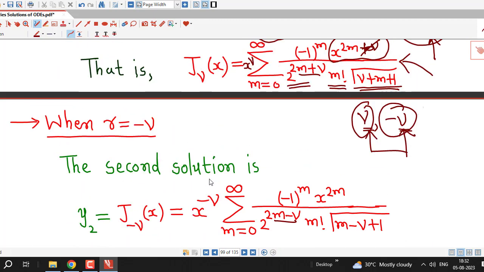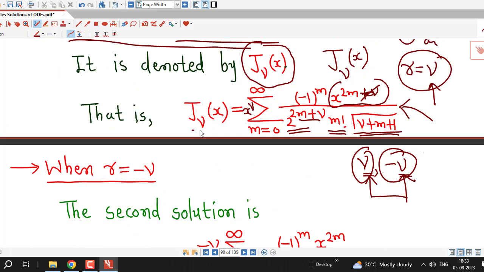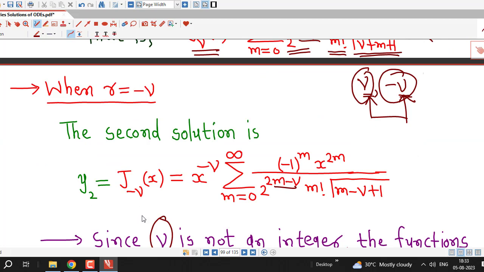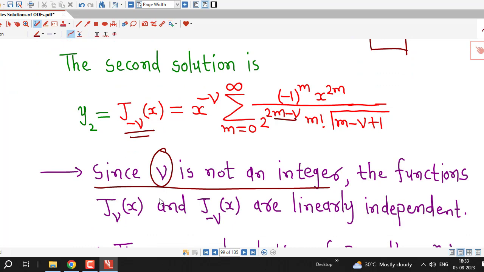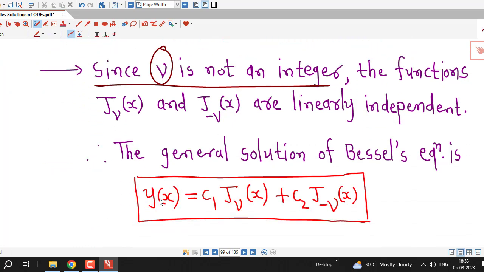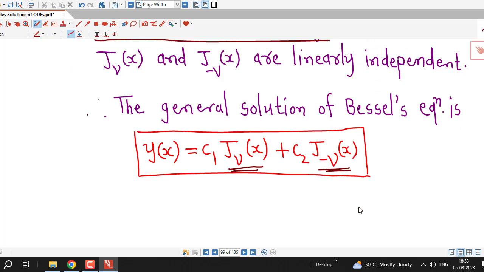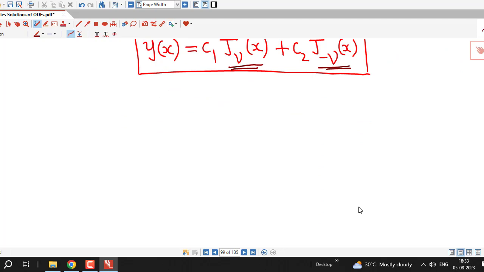Therefore, these two solutions, J nu of x and J minus nu of x, are linearly independent functions, and therefore we can take their linear combination to write down the general solution of Bessel's equation, which is y equal to c1 into Bessel's function of order nu plus c2 into Bessel's function of order minus nu.